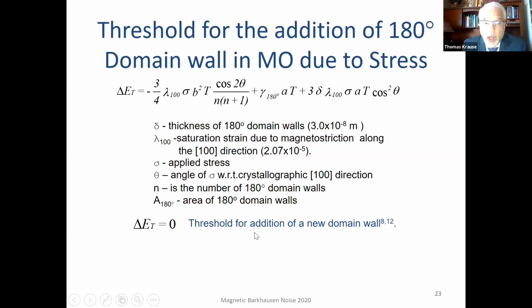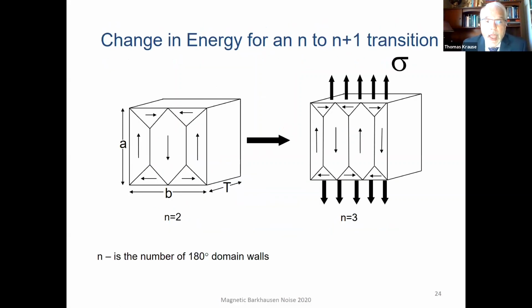And I can say, if I let that equal 0, then what I have is the threshold for the addition of a new 180-degree domain wall. So this is the idea that we would have a magnetic object with two, for example, 180-degree domain walls, and we apply stress and introduce a third, or we find that there's a lower energy state for the third one, for n equal 3.